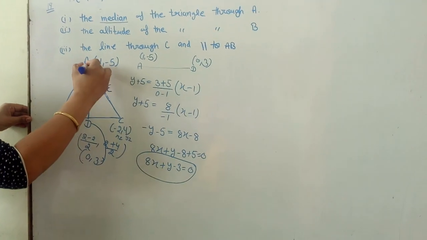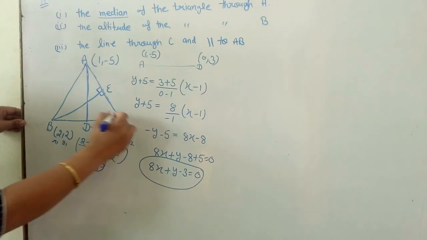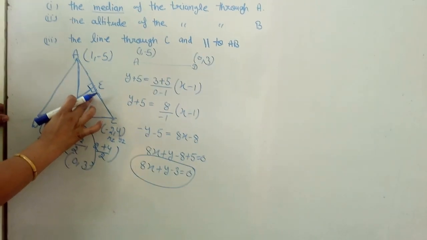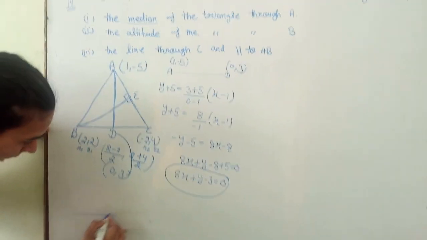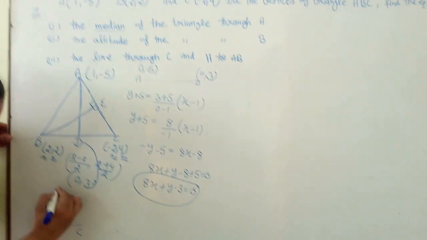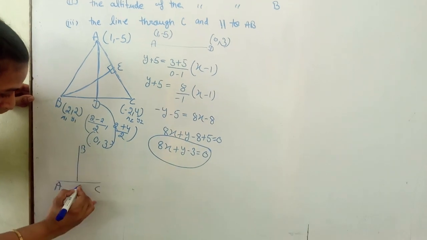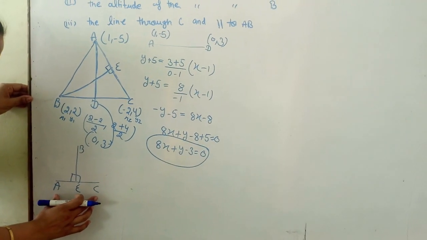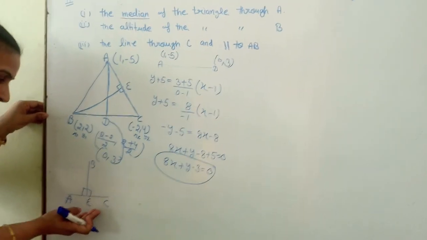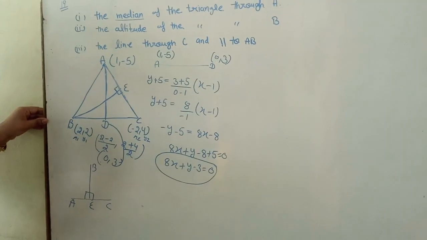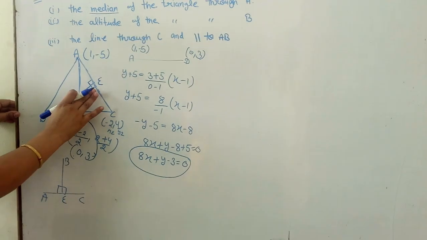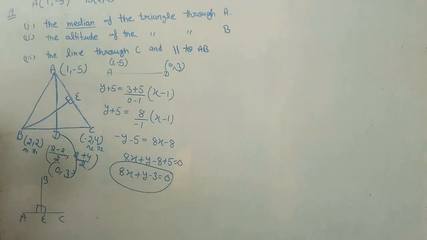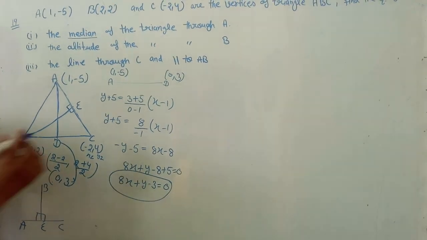First we find the slope of AC, then we find the slope of BE, because AC and BE are perpendicular. If we find the slope of AC, then with the help of this we find the slope of BE. So for finding the equation of BE, first we find the slope of AC.